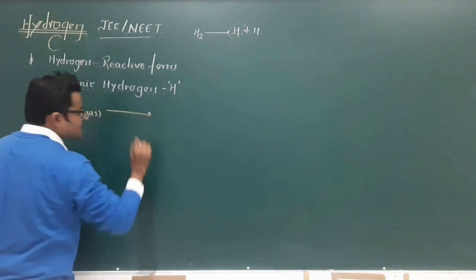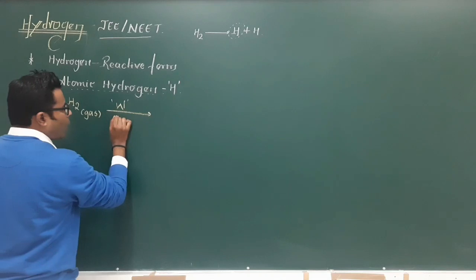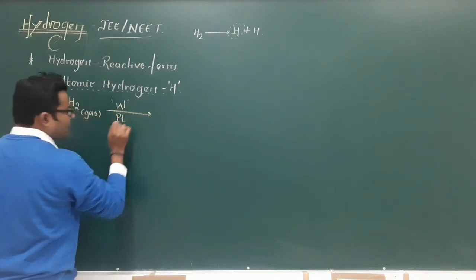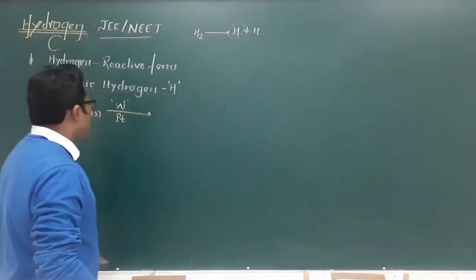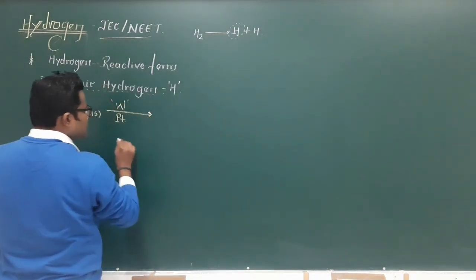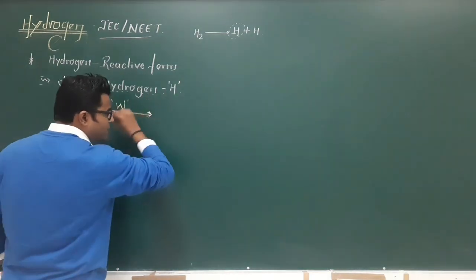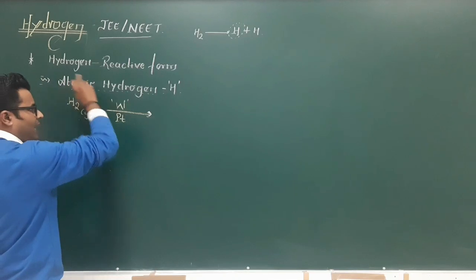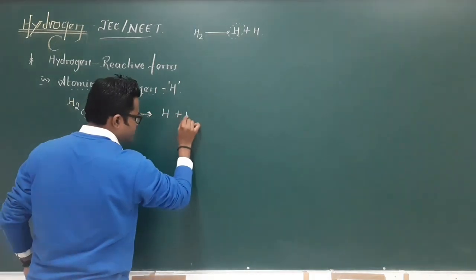This atomic hydrogen is formed when hydrogen gas is passed through tungsten or platinum. You can use either one of these. When we supply a good amount of heat at this temperature, it results in breaking this hydrogen molecule into its atomic state.